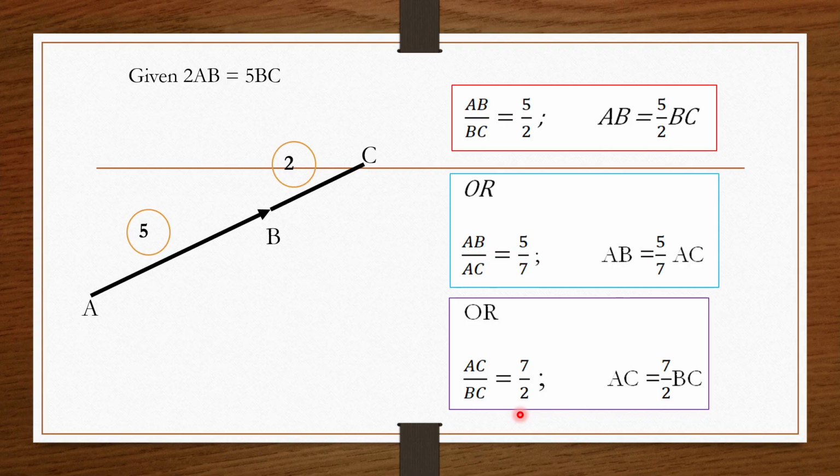So AC is 7, BC is 2. So AC equals 7 over 2 BC. Remember, this lesson is very important when you are solving vector questions later on.